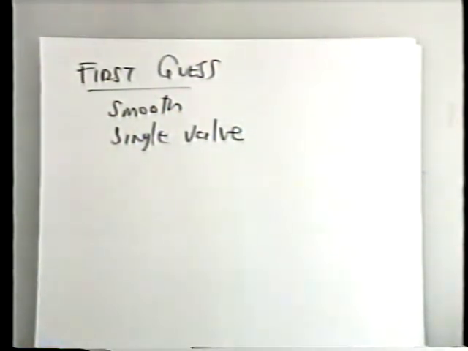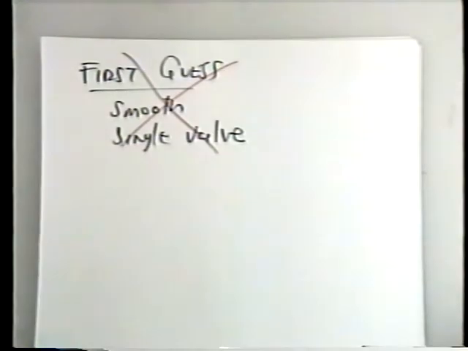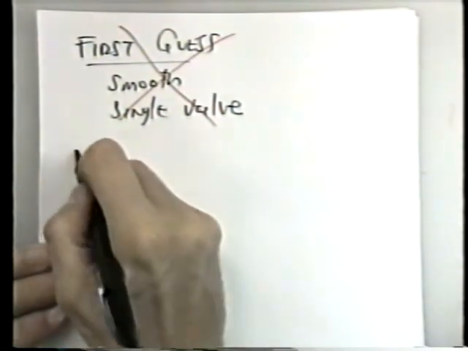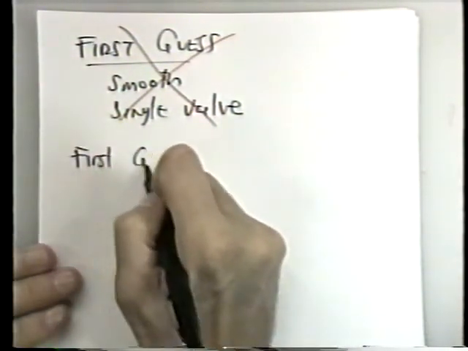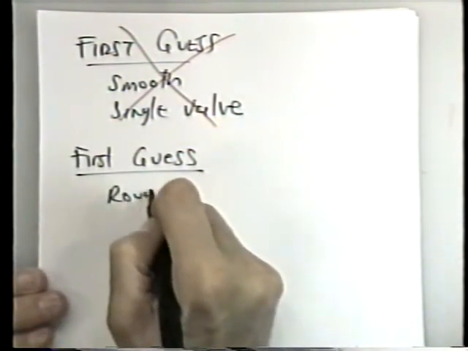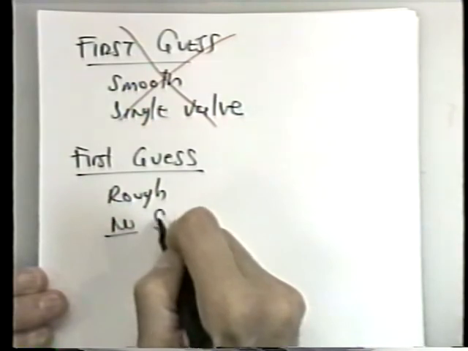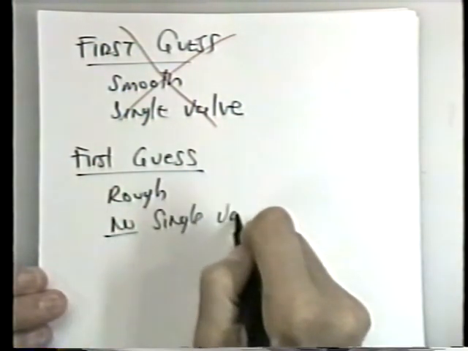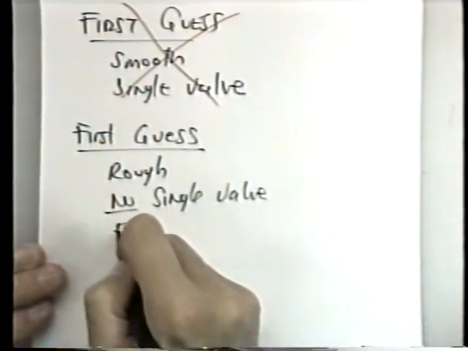And what we're replacing this by is a concept here in fractals that our first guess is that things are rough, and that there is no single value, and that we have features at all scales.